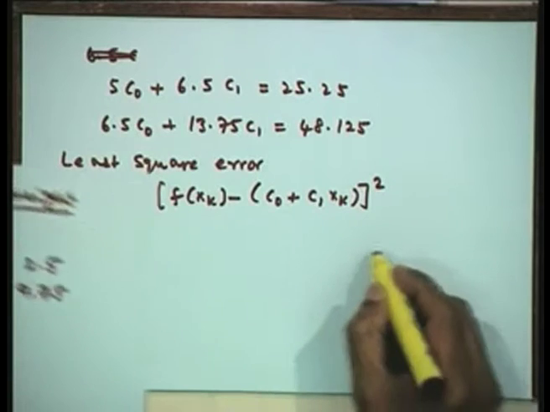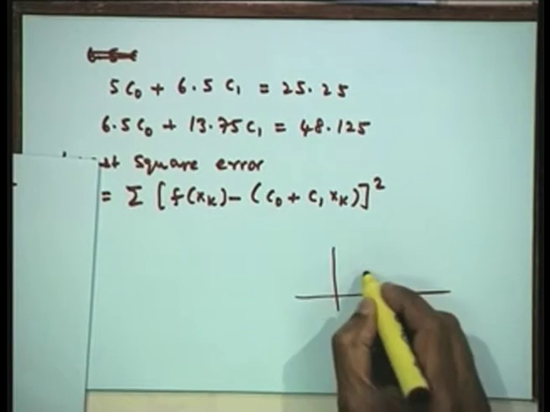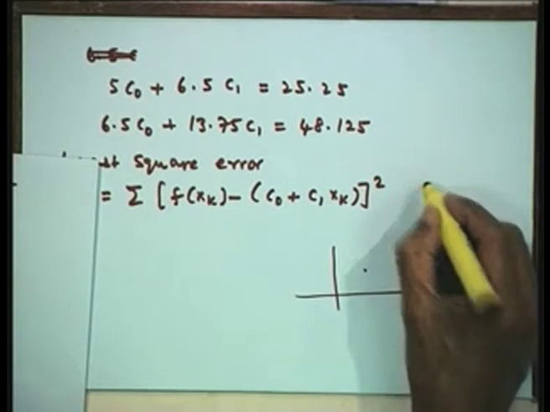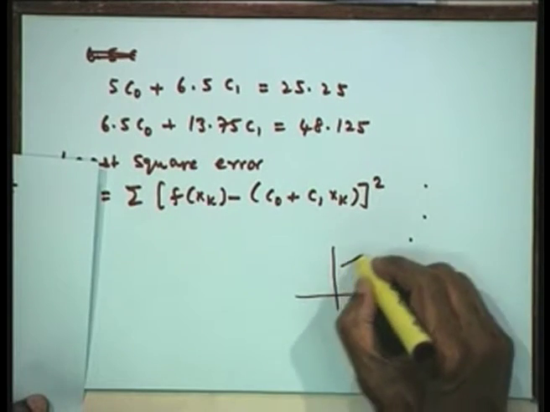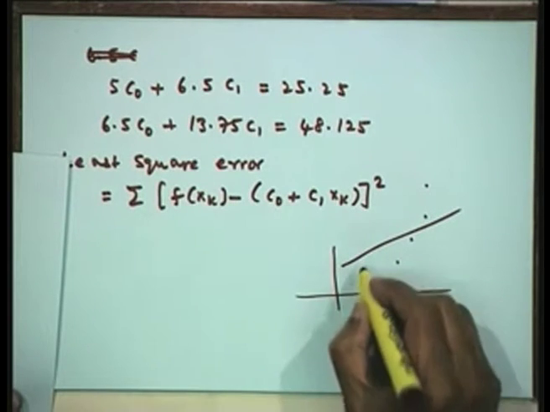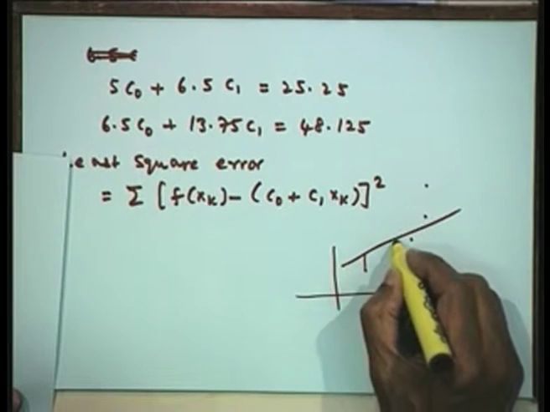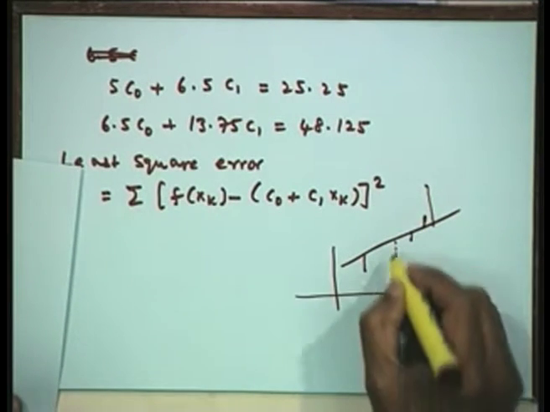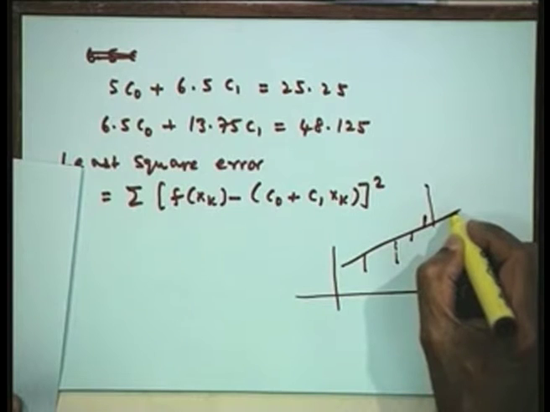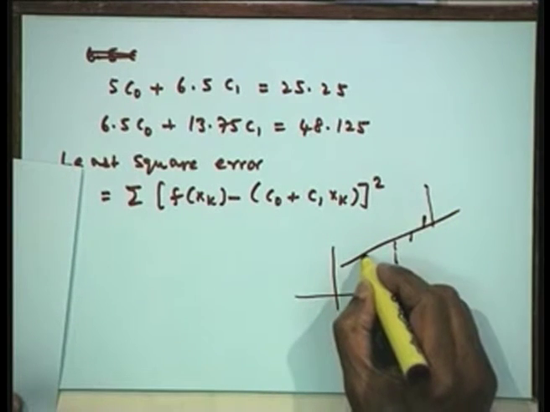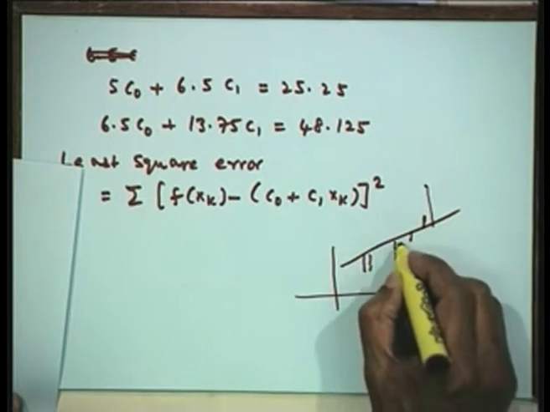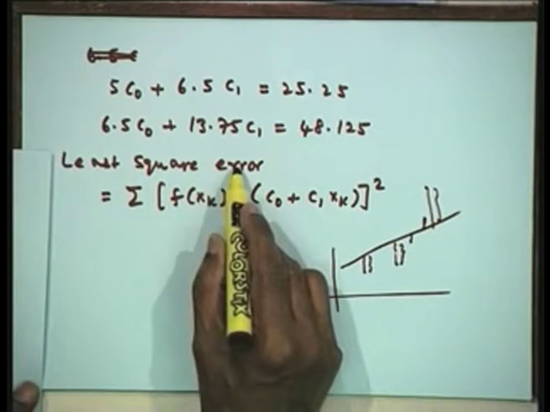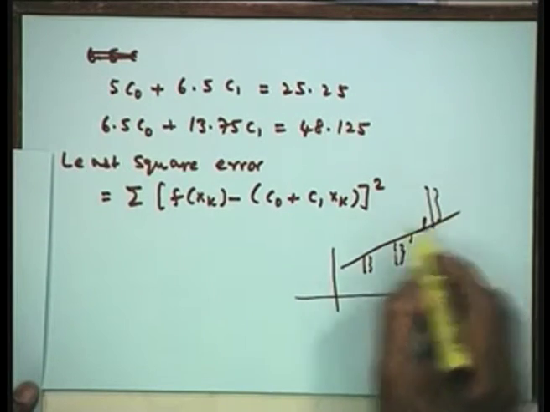Because if I take the graph of this and let us say we have taken points like this, like this, like this, then what we are fitting is some straight line like this, such that the total of the squares of these errors, you see these are the errors, this is the straight line that we have now approximated for the function. The error is this particular part with respect to this point, this is the error, this is the error. This least square error is the sum of squares of all these errors.